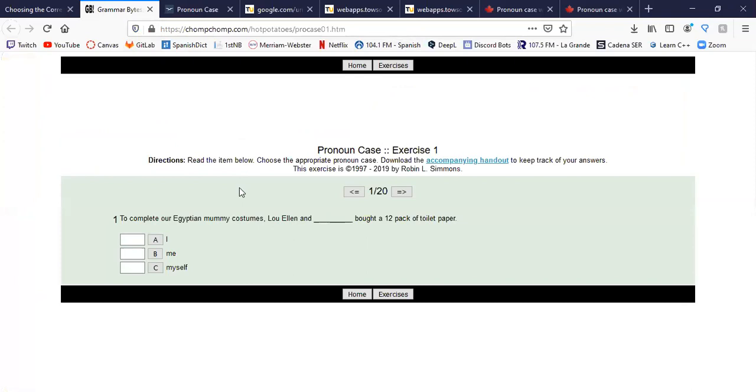Okay, so number 1. To complete our Egyptian mummy costumes, Lou, Ellen, and, there really should be a comma here. Actually, maybe Lou Ellen is a single name, but whatever. Lou Ellen and blank bought a 12-pack of toilet paper.